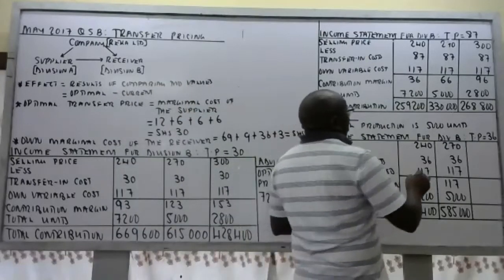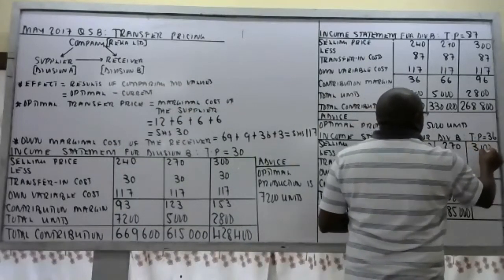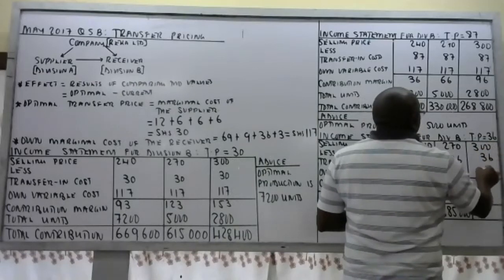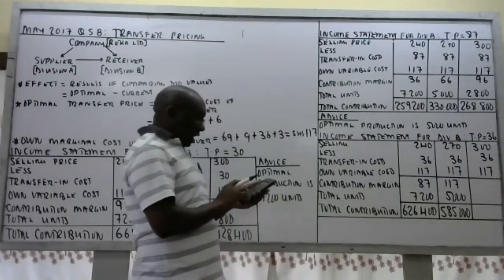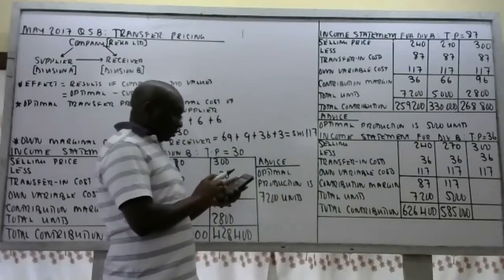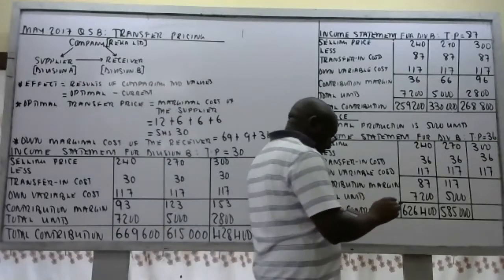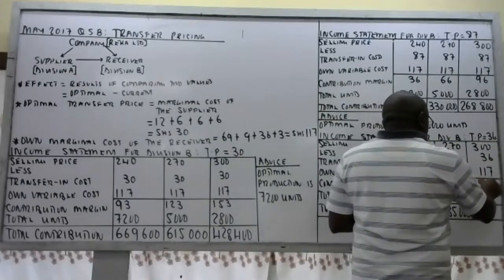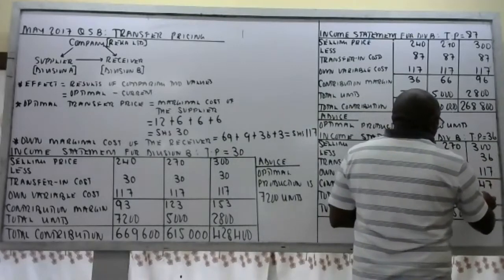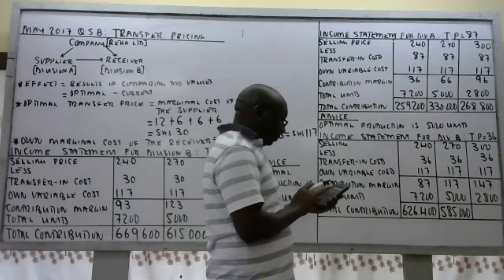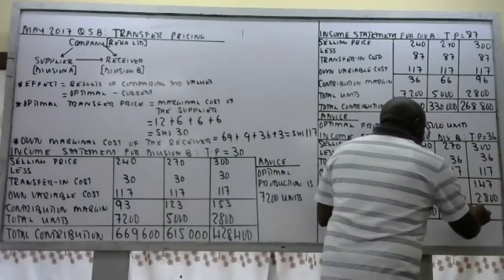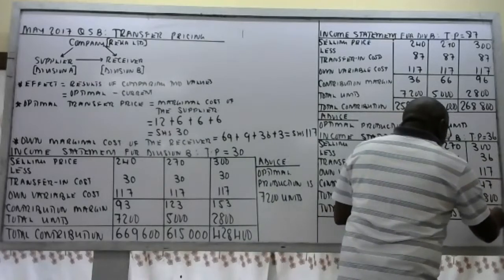Then here it is 300, 36, 117. So 300 minus 36 minus 117 is 147. The units are 2,800. And this is 411,600.